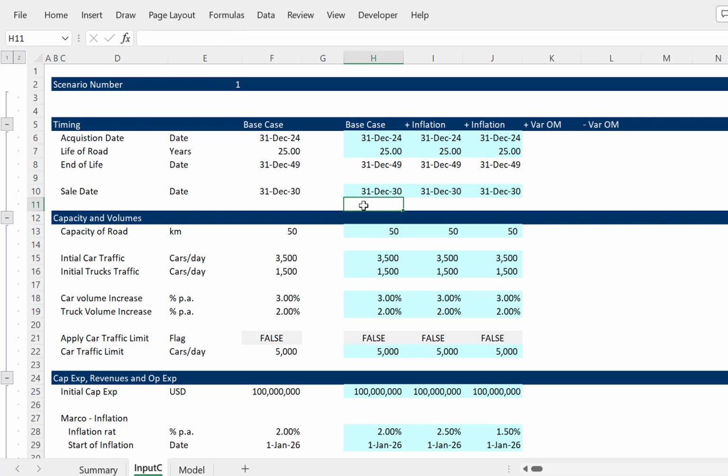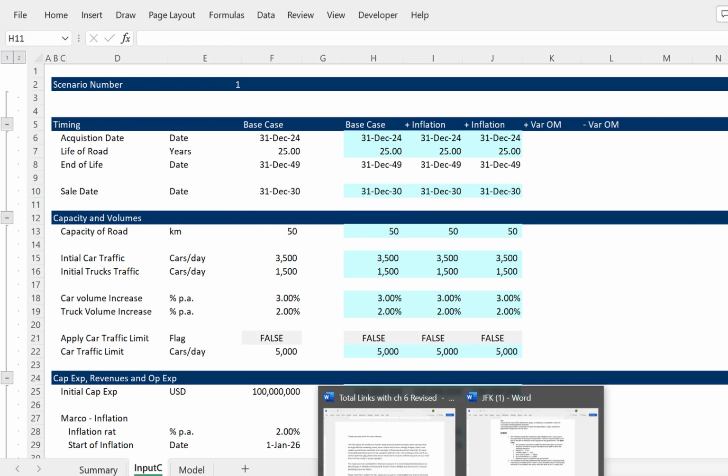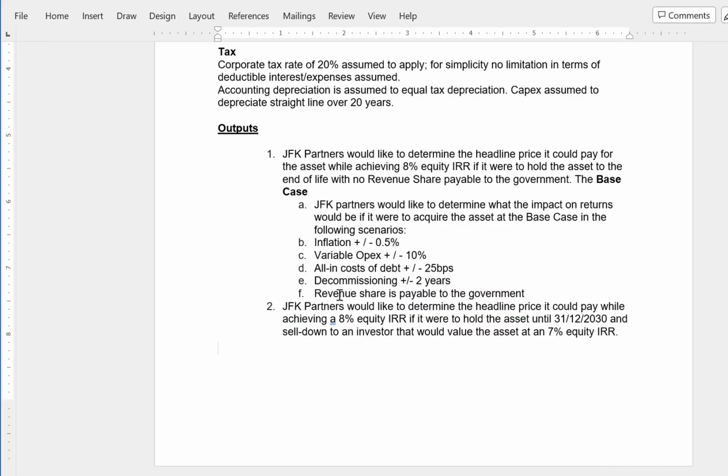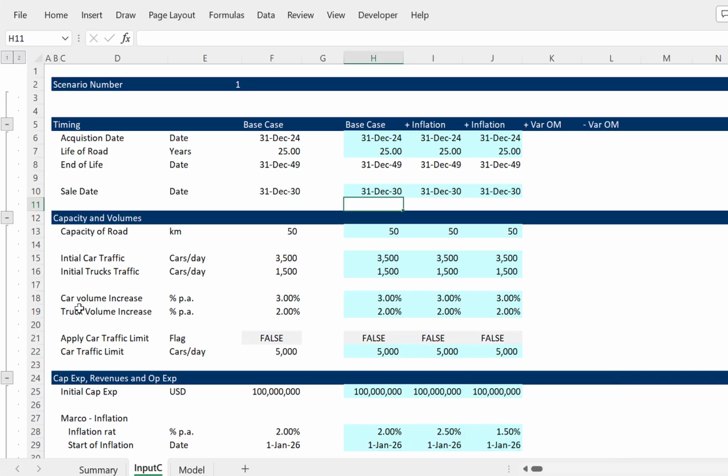Now just a minute, I've got to be a little more careful so I don't screw up again like I did last time. Revenue share payable to the government. So let's correct this, and I called it revenue share payable to. Okay, and let's fix this.